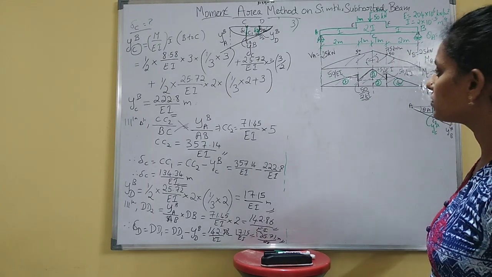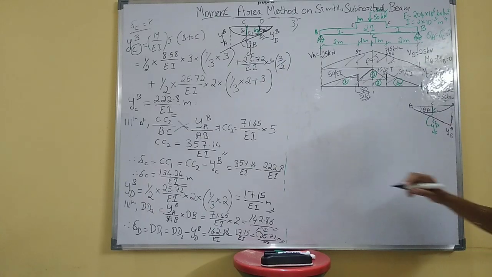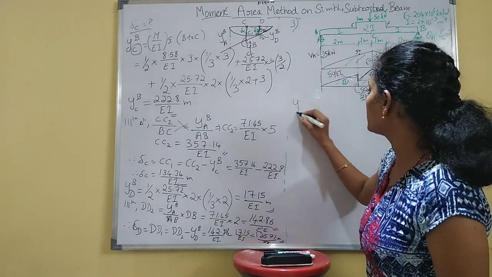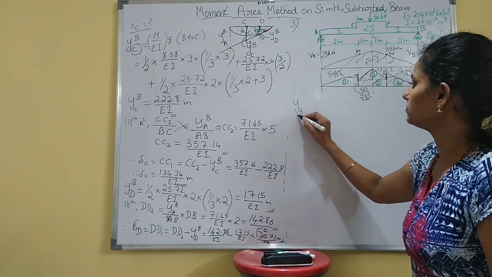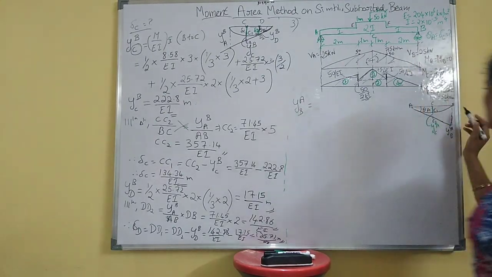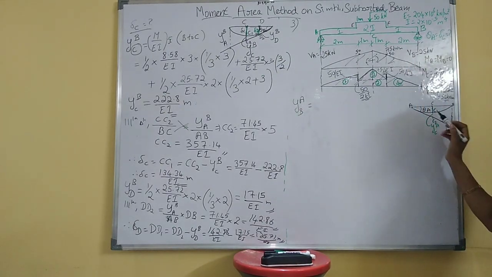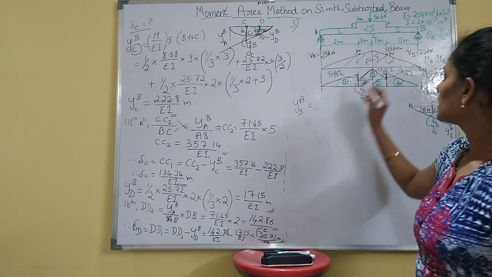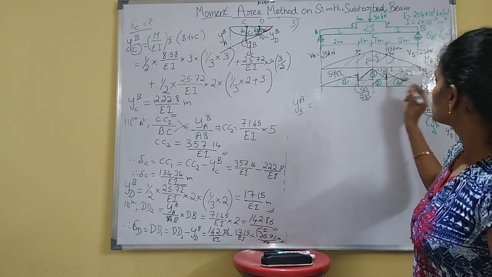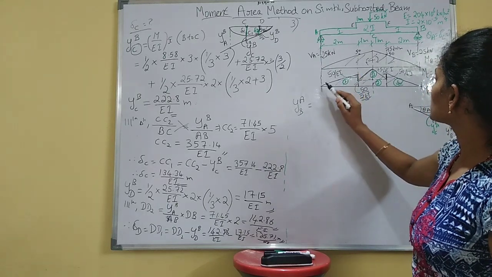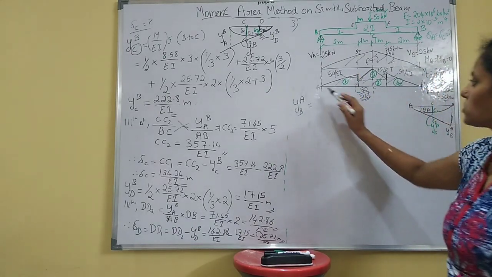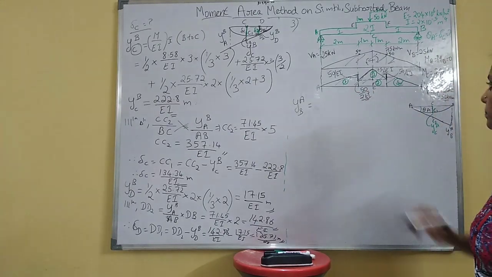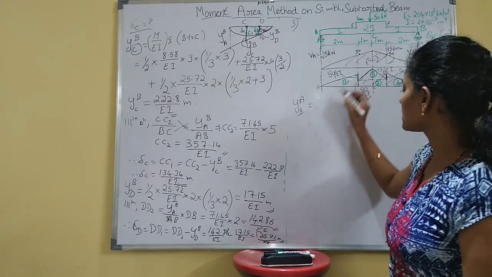Next, the further steps are similar. To find theta A, first find YBA. Similarly, M by EI into X bar. So region A to B: this is A, this is B and this is C. You have to consider the full A to B, all the regions.